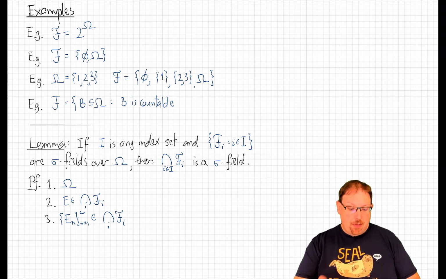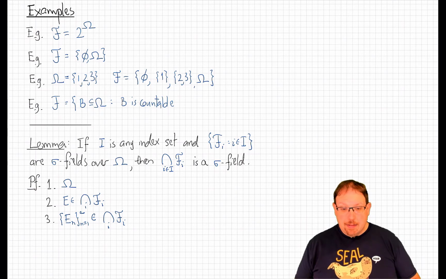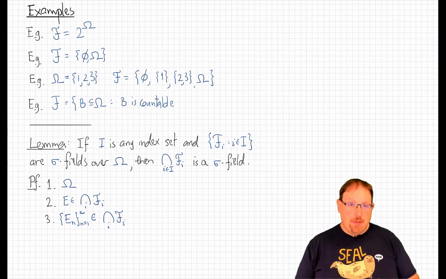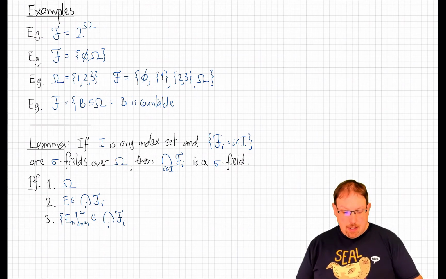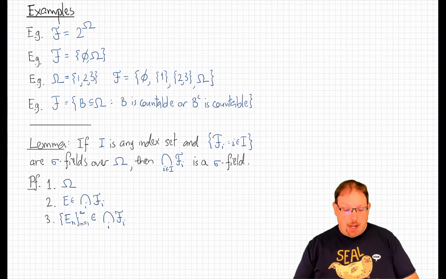Indeed, if omega is a countable set, then the complement of any subset of it is countable. But what if omega was the real line? Then this would certainly not be a sigma field, or even a field, because the complement of a countable set in the real line is an uncountable set. Therefore, we have to explicitly include this condition in order to get closure under complements.